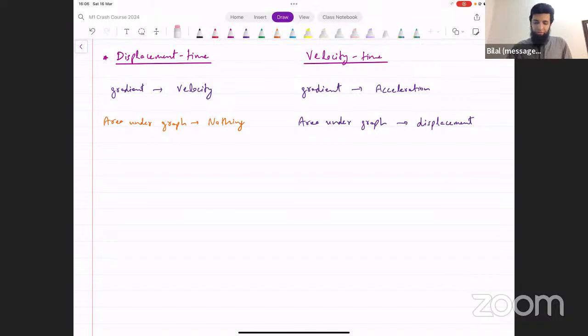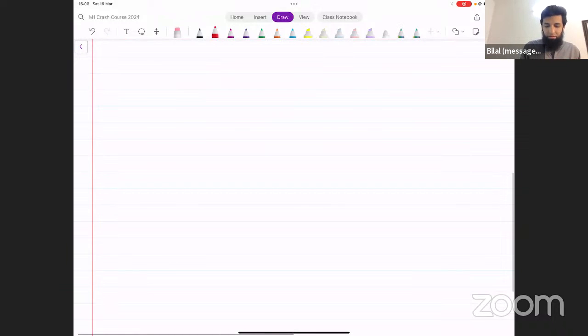All right. So we have this displacement time graph and velocity time graph now. Let's try to understand how to interpret different sections of these graphs. Let's start with the displacement time graph first.